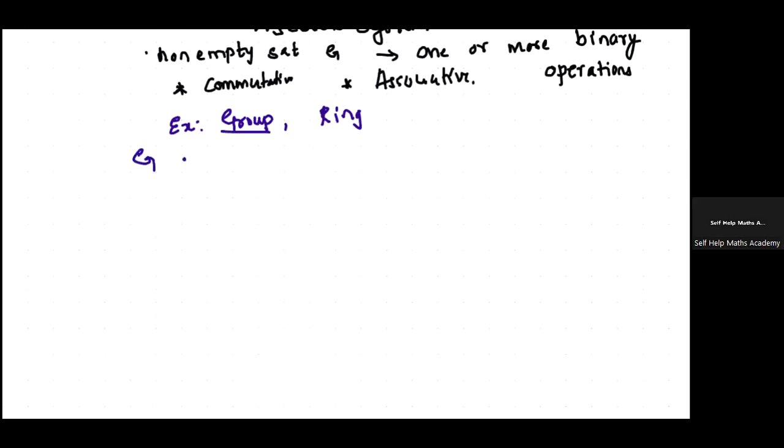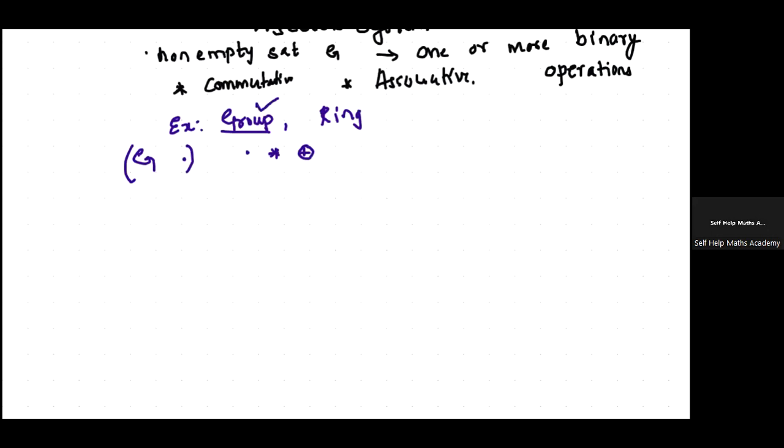The binary operation is denoted by a dot or a star symbol or other symbols. It's said to be a group if it satisfies the following properties.